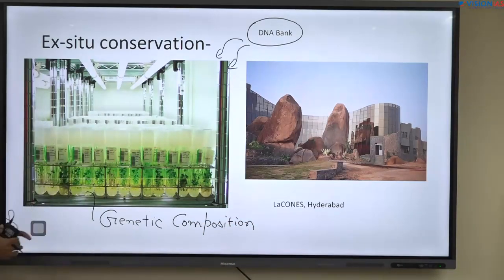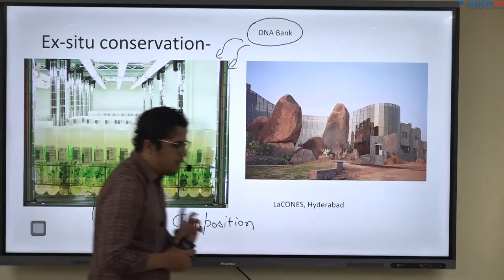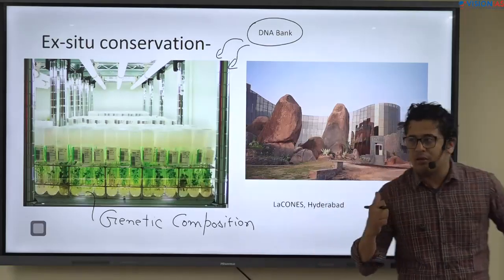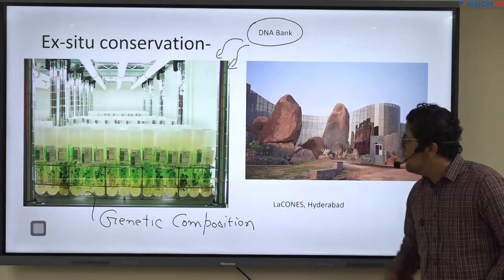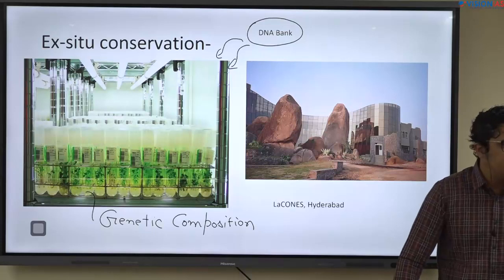Genetic composition has been stored. You can see plant genetic material has been stored in test tubes in cold temperature. So genetic composition is stored in cold condition. This is a lab that you can see. This is a DNA bank.